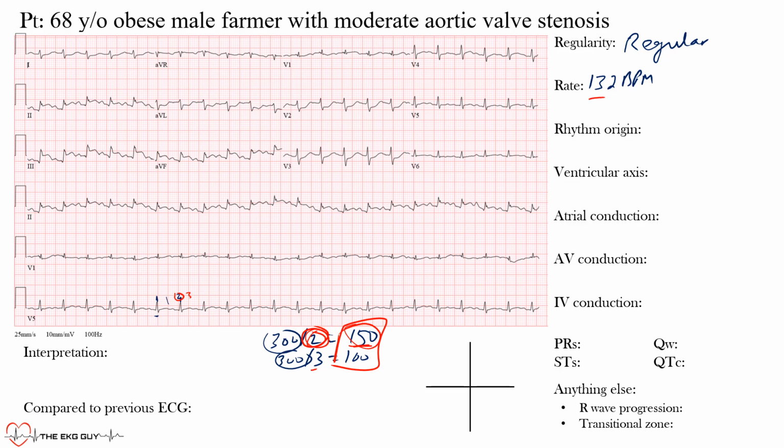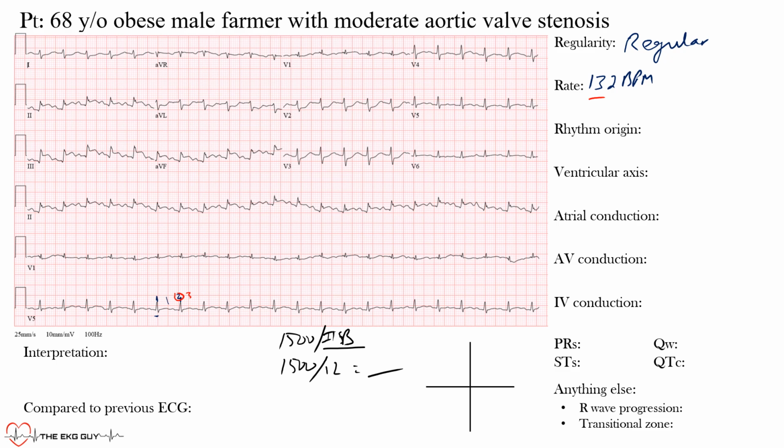Okay, now another way, because we're noticing this is a fast rhythm, is by, instead of using that 300, you would use 1500 and divide by the number of small boxes. So you could do 1500 divided by from here until there, so maybe it's about 12, and then I'm not going to do the math, but hopefully it comes out to something near that.